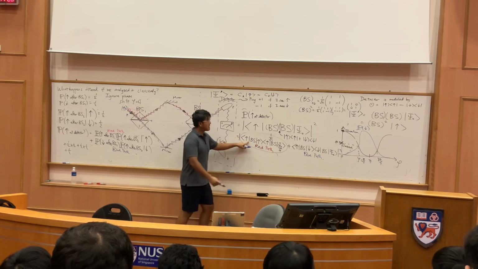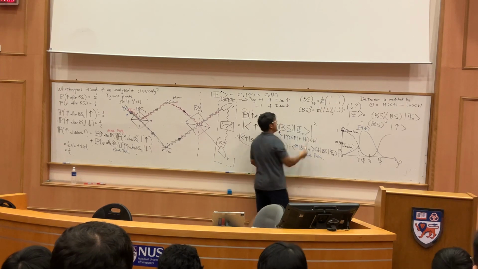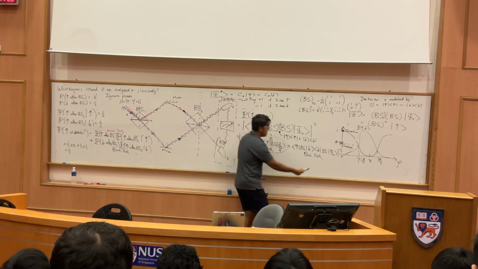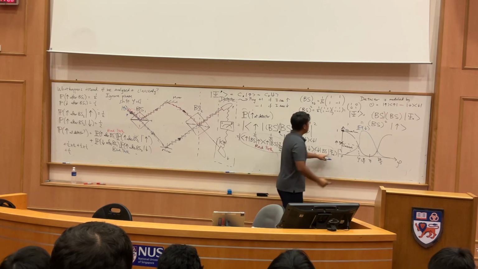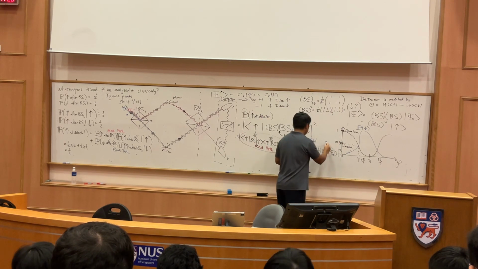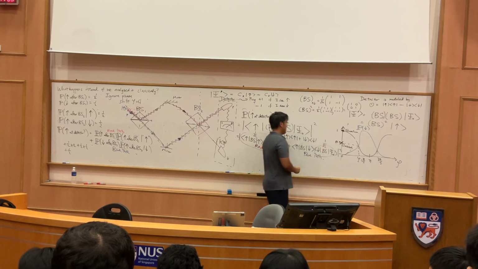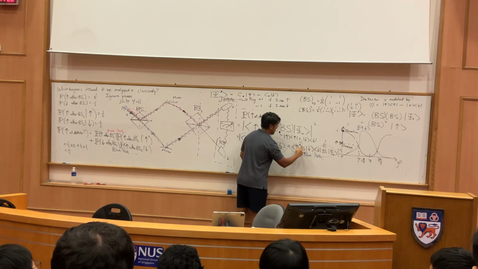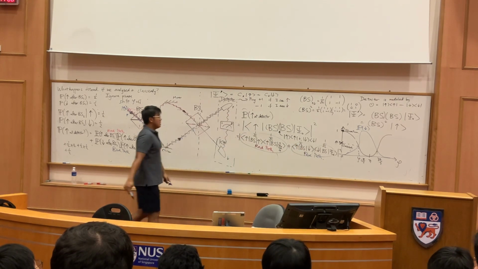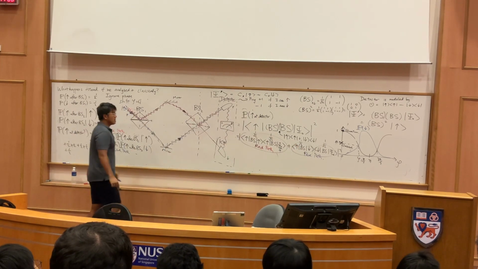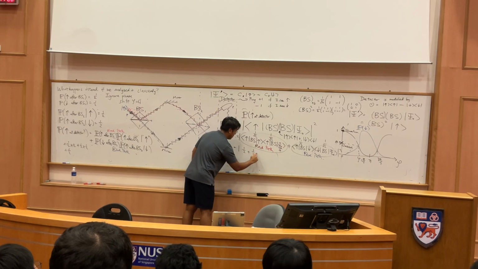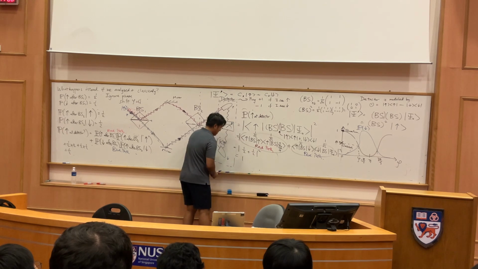Up to down is 1 over square root 2. And then up to down to up is again 1 over square root 2. So we get mod of 1 half plus 1 half, squared, equals 1.